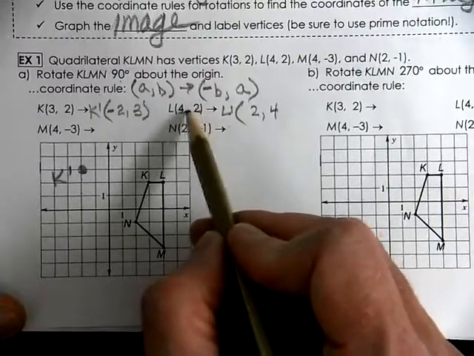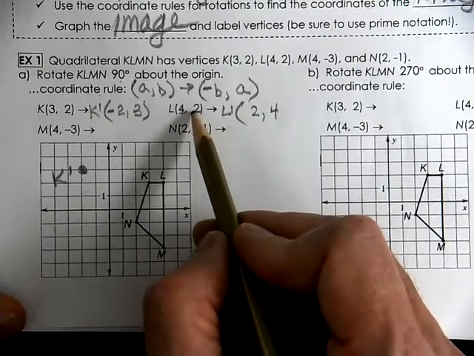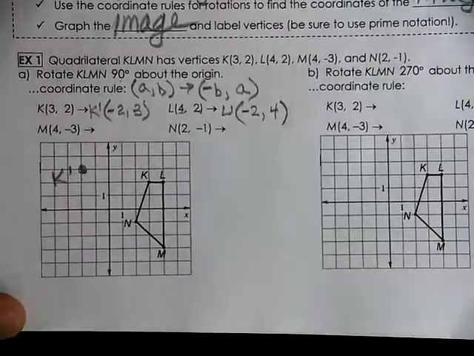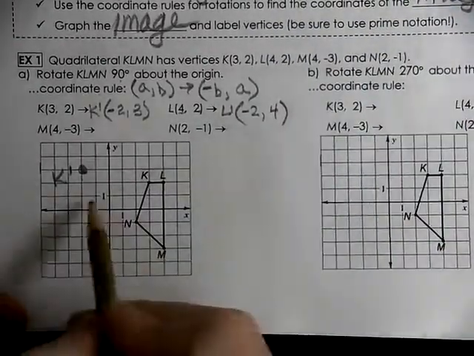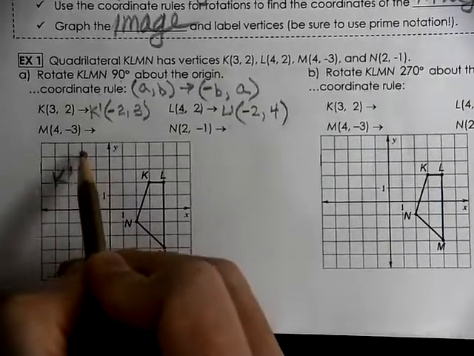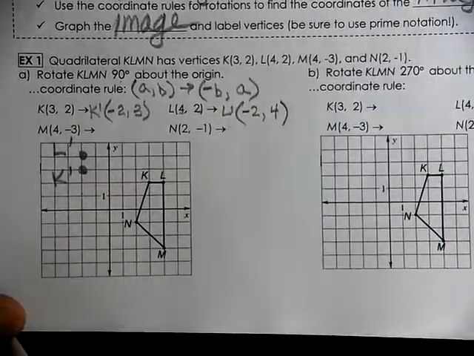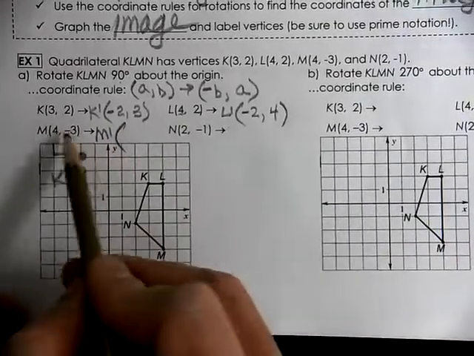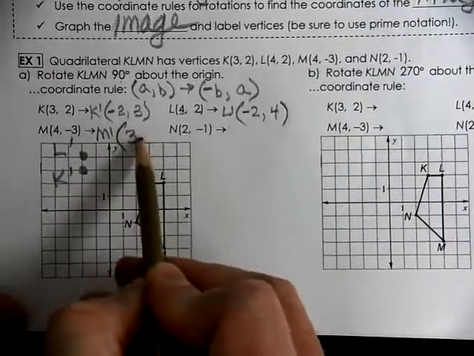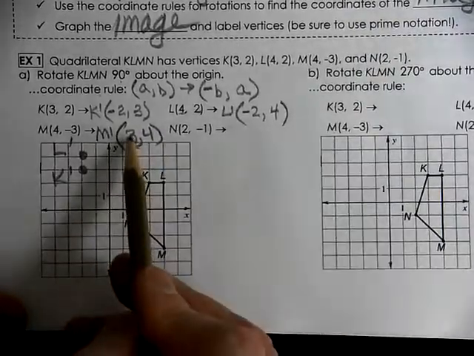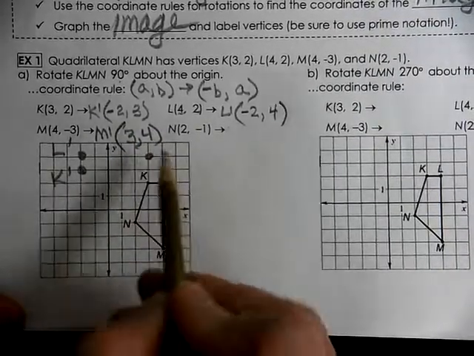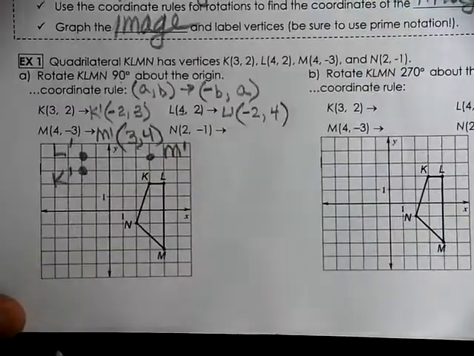You switch X and Y or A, B, whichever you want to call it. And you change the sign to the one on the left. So that's 2 to the left, 4 up. That's L prime. M prime, switch them and change the sign on the left. So now we're at 3, 4. That's M prime.